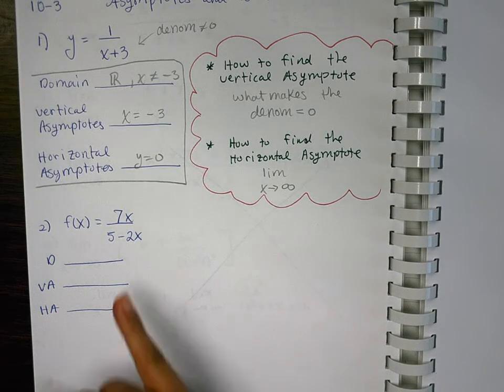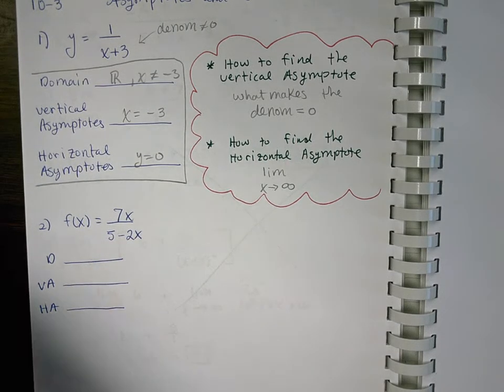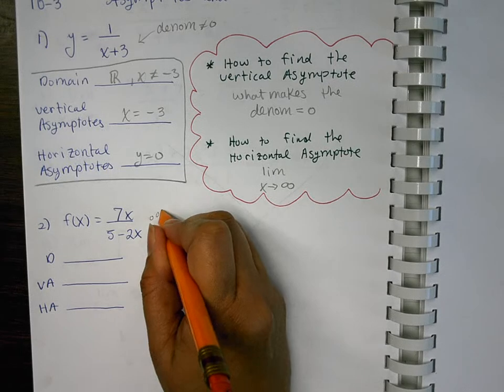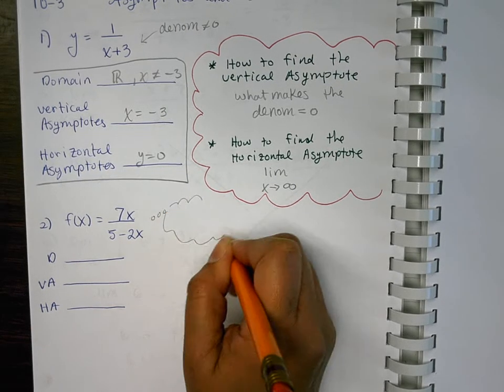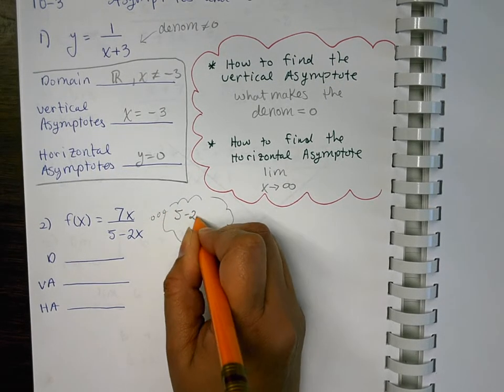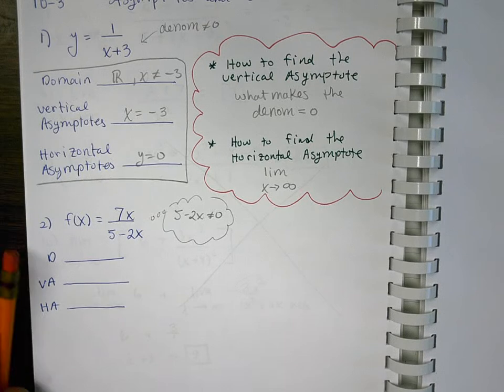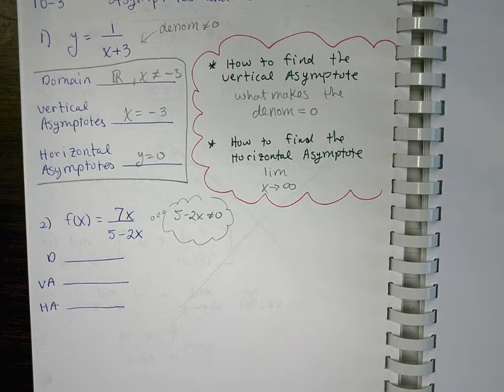All right, domain. Just like we did before, the denominator cannot equal 0. So either in your head or on your paper, 5 minus 2x cannot equal 0, and you solve. Remember, when you're taking a test, the more work you show, the more partial credit I can give. All right, so do whatever you do, add or subtract, divide. What is your domain?